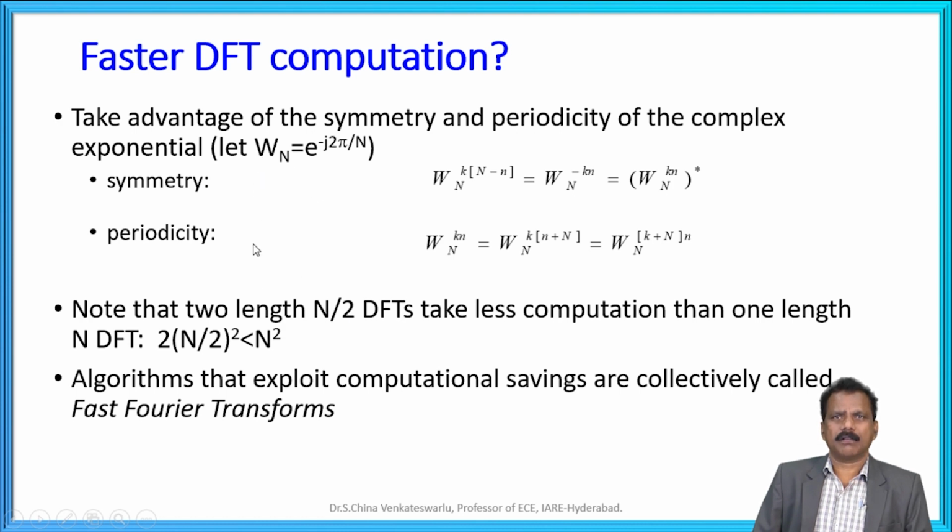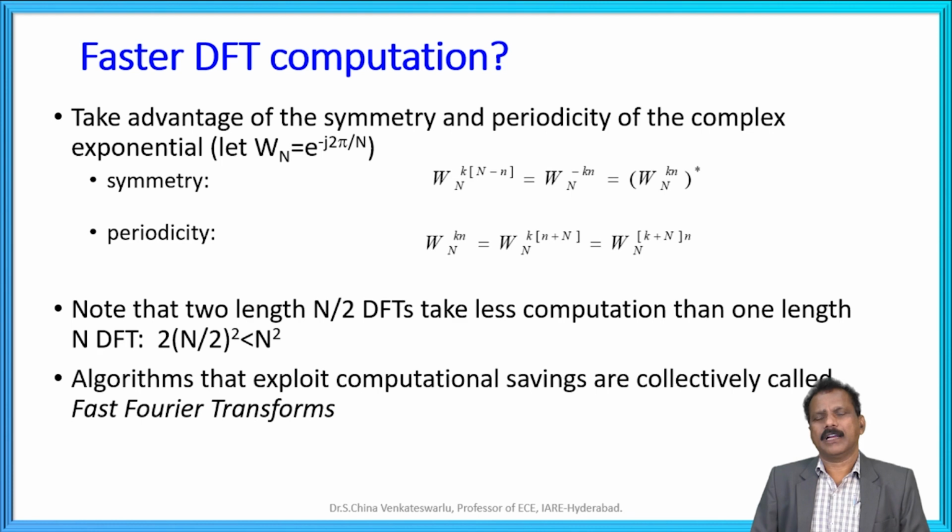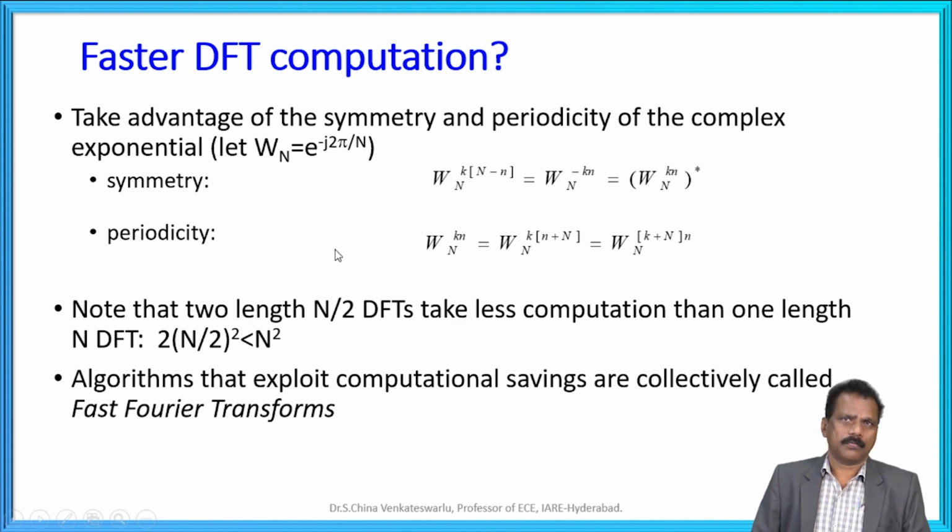To further reduce the complexity, we go for different algorithms that exploit computational savings, collectively called FFT, fast Fourier transform. So we want to compute the DFT or IDFT, maybe in FFT and so on.